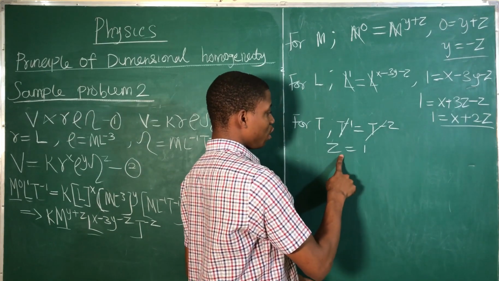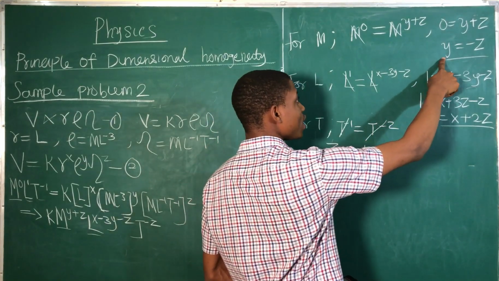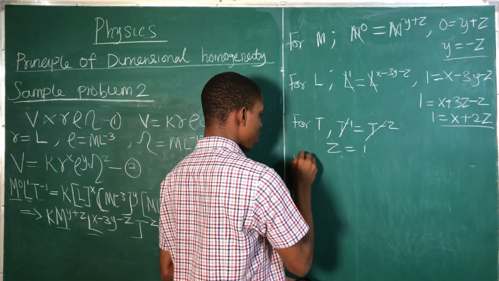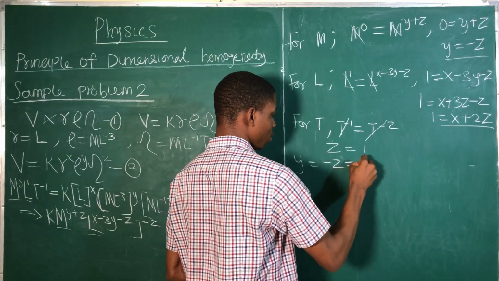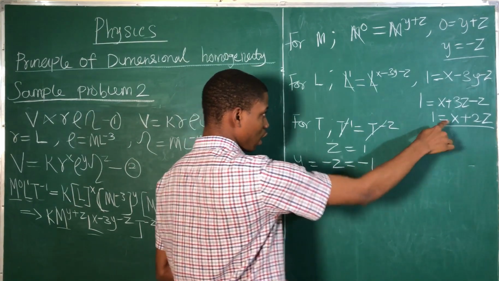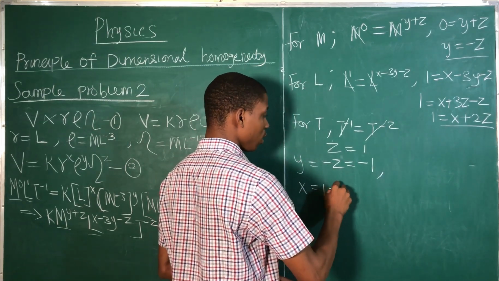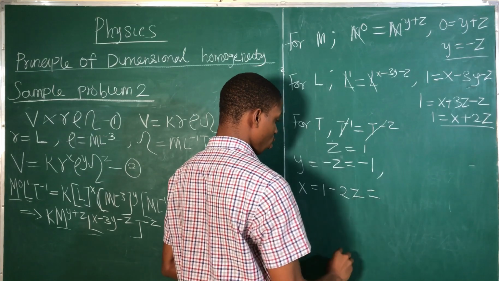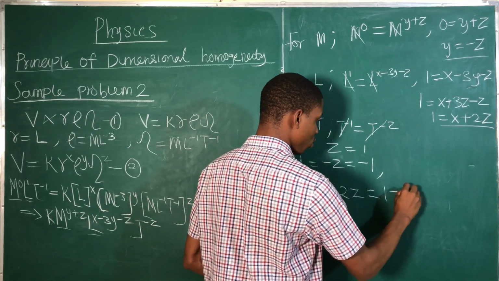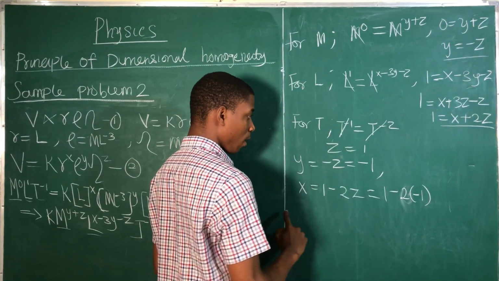We can substitute the value of z. But before we do that, we say that y equals negative z. So if z equals 1, y equals negative 1. Let's find the value of x. Making x the subject from this formula, x equals 1 minus 2z.